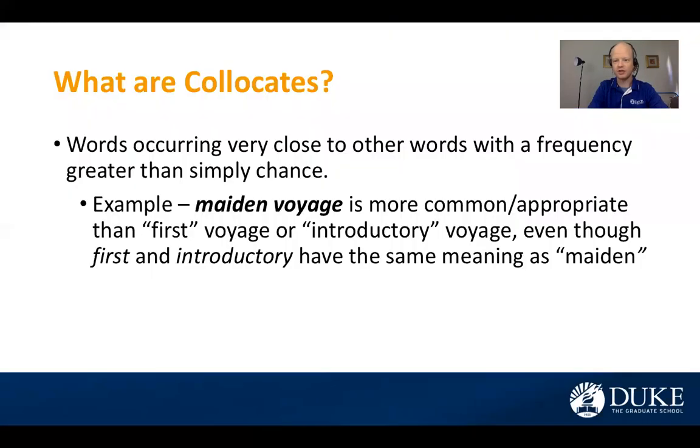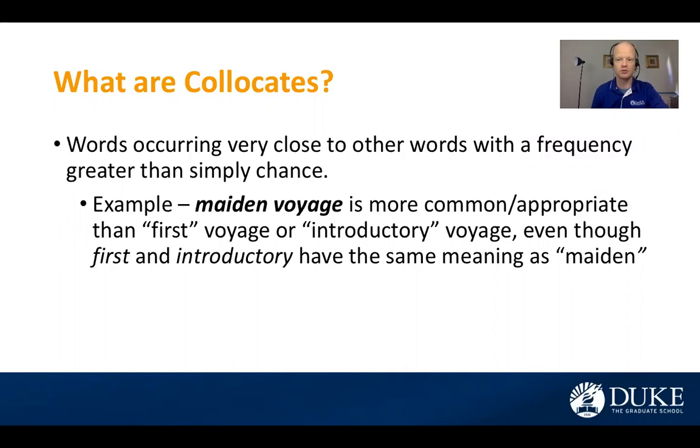So the first question that we need to address is, what are collocates? Well, collocates are words that occur very closely to other words with a frequency that is much greater than simply by chance. A good example of this is the phrase maiden voyage. This is more common or appropriate than saying, for example, first voyage or introductory voyage.